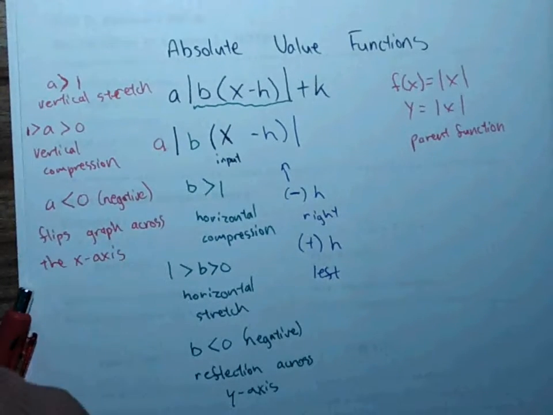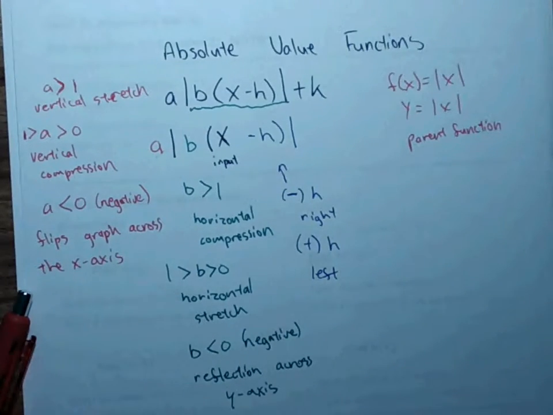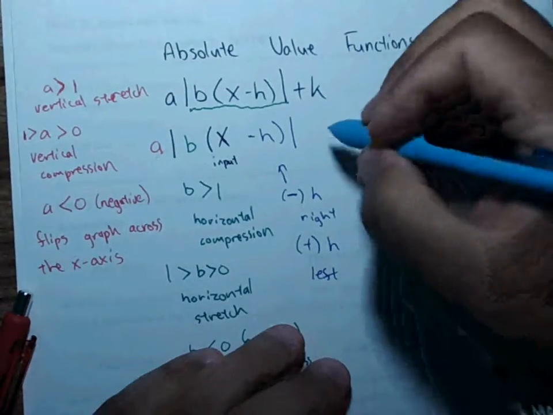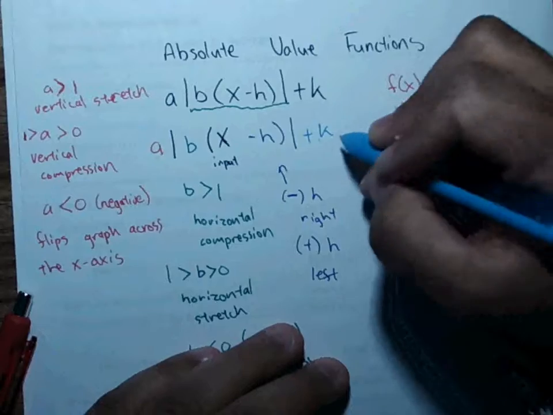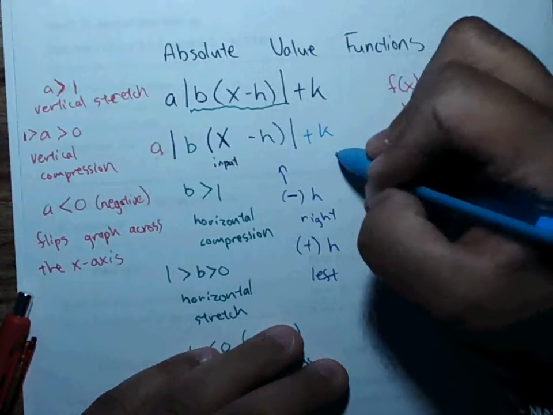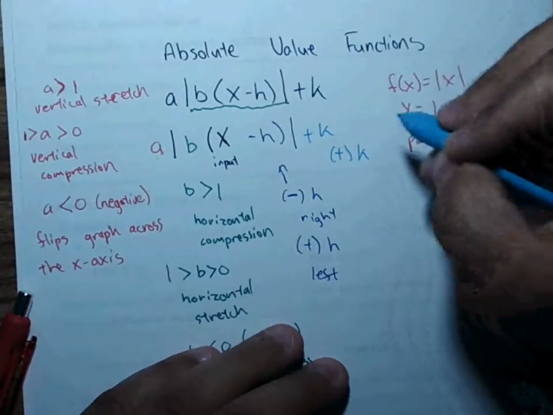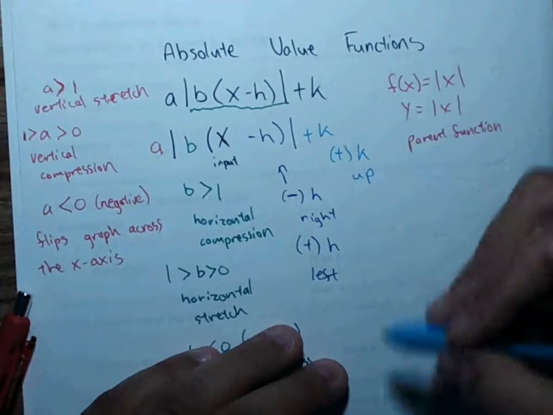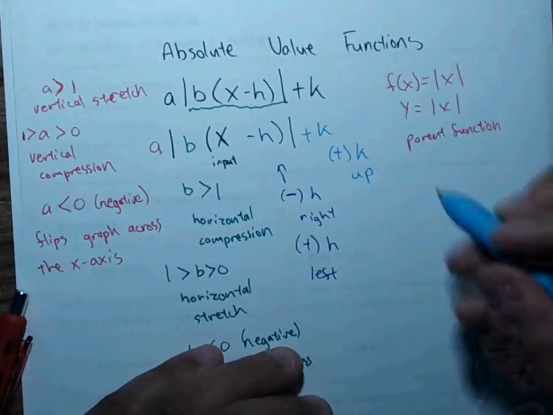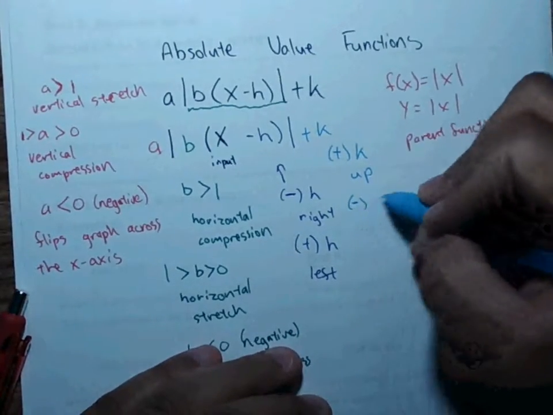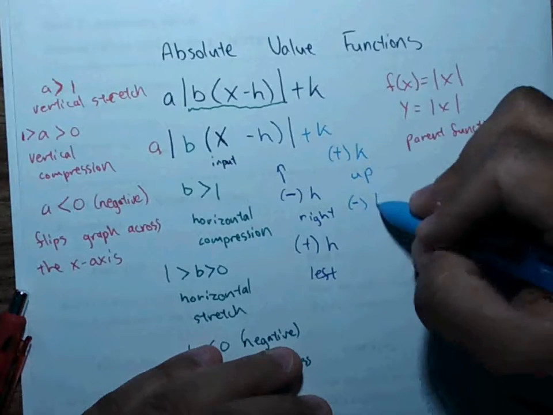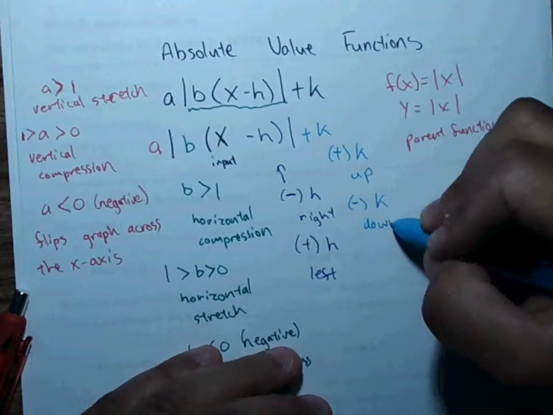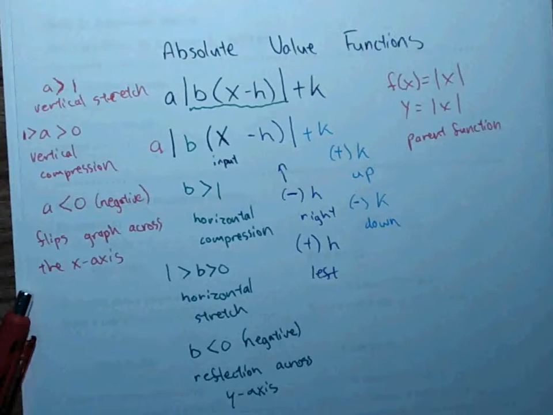And then finally we have k. If it is plus k, then it's going to move it up based on the number that you're adding or subtracting. And if it's minus k, it's going to move it down based on the number that you're adding or subtracting.